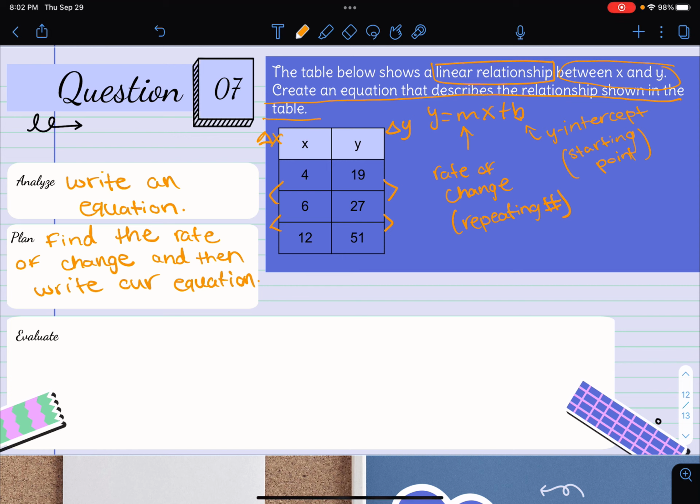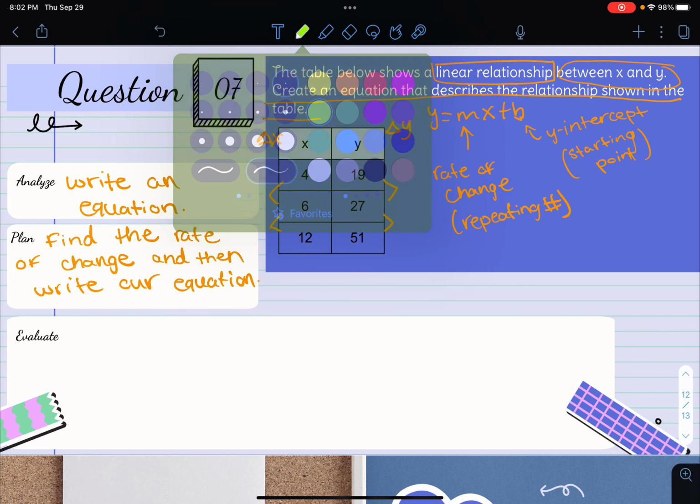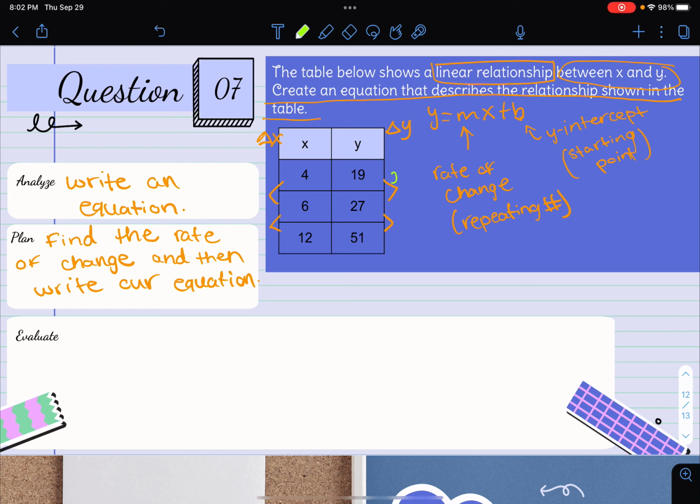So our change of y, so the difference between 19 and 27. So remember, that is when we subtract 27 minus 19. And what do you get? You get 8. And so then down here, 27 and 51.